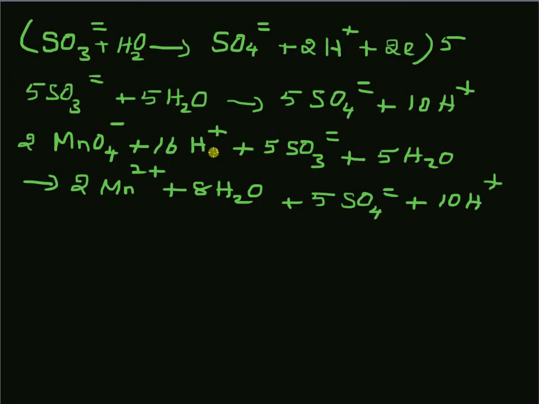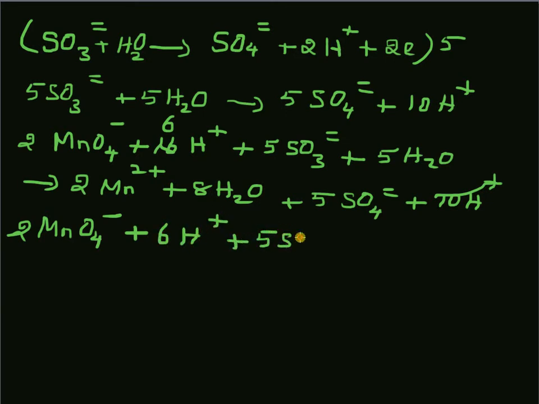You see hydrogen ions on both sides, also water on both sides. So you know how to write the equation now. 2 MnO4- plus, cancel out the 10H+ here and write it as 6H+, 5 SO3 2-.